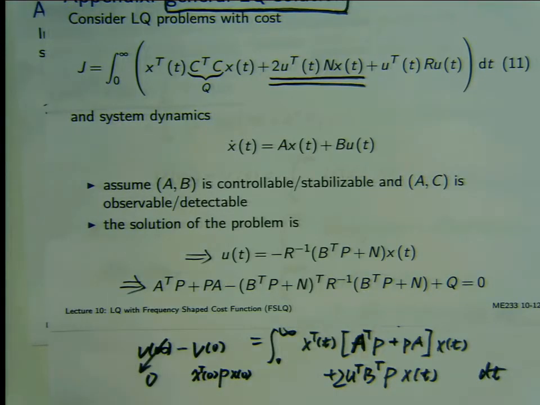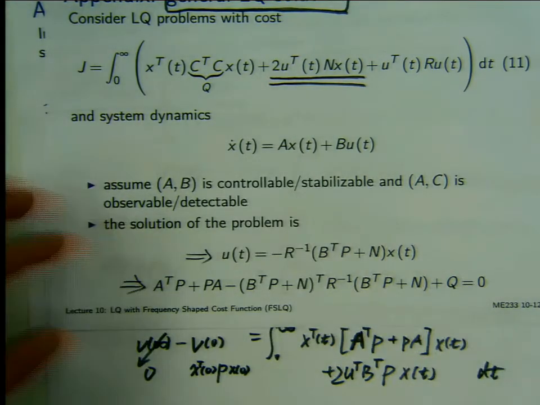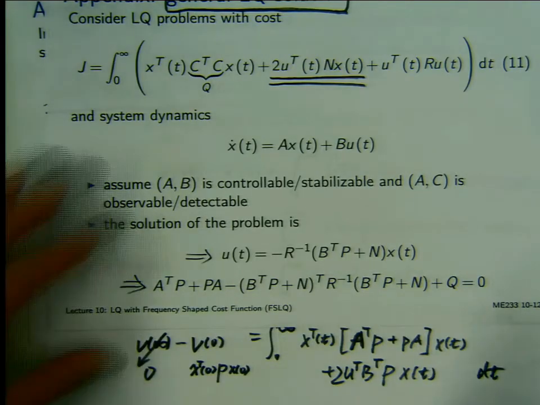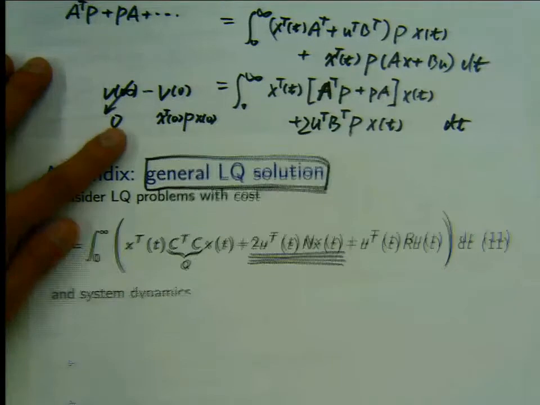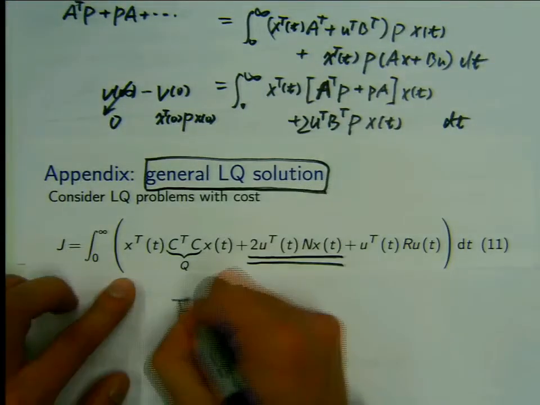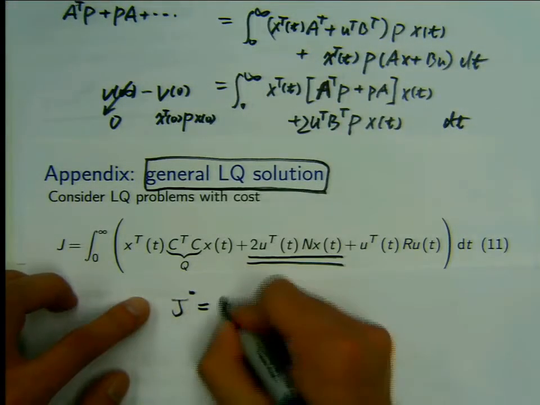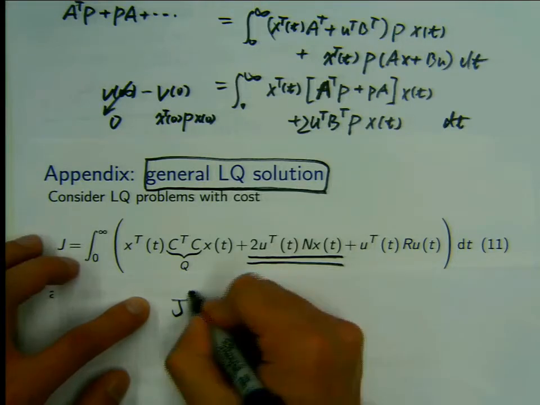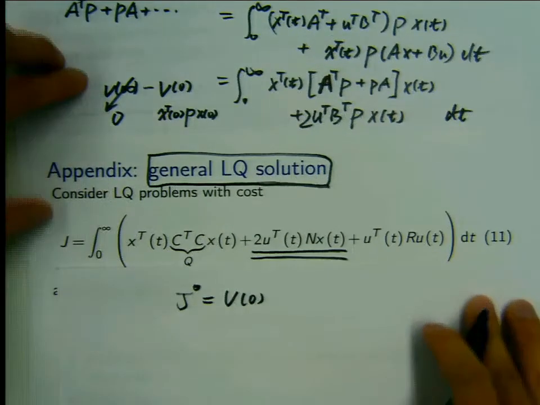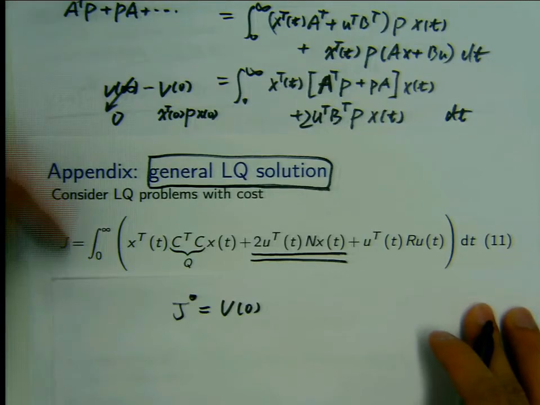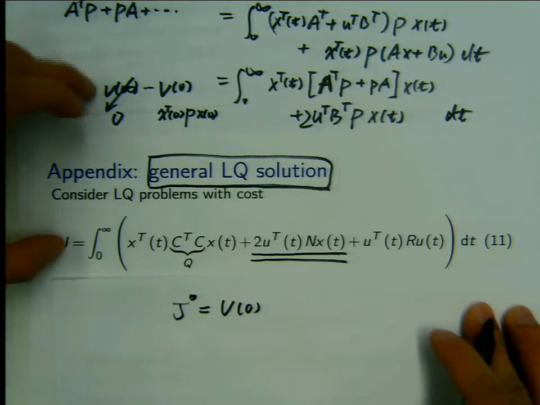So do this, let me put back here. You know that J optimal is V0 after you learned LQ, all right? So add these two equations together.